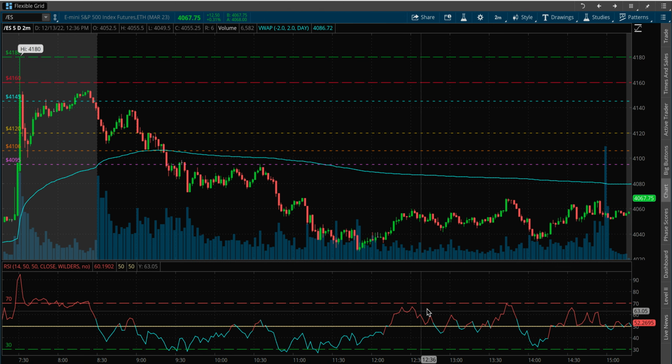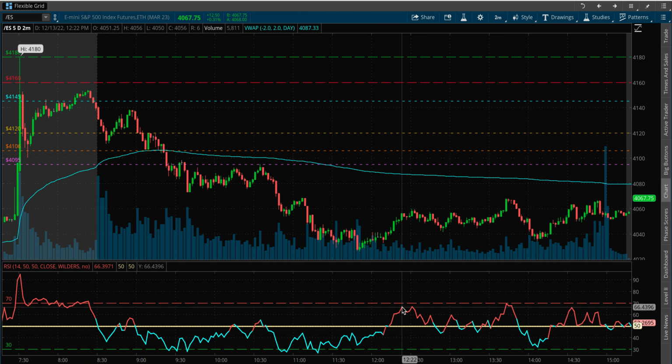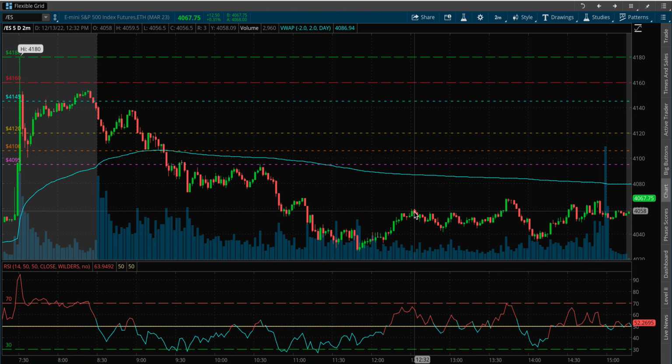So this area right here is a really good example. You've got RSI over here to over here is flat. Price goes up a little bit, so RSI can't keep up with price, and we see this nice drop right here. That was probably the best example that I saw today, but there were a couple other ones in the moment as well. So just again, things to keep an eye out for.